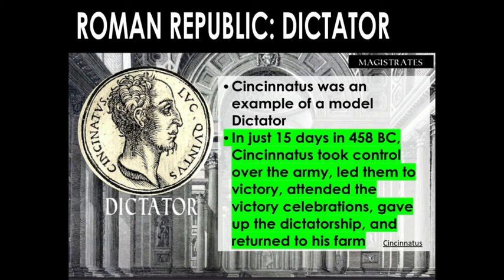They won the battle. And then instead of staying in that position for another 5.5 months and reaping all the benefits of being in that position, he called it done. He hung up his title, went back to his farm, and went back to his life. So that's why he's considered a perfect dictator. He did not take advantage of his position. He served a republic, and then he went home.